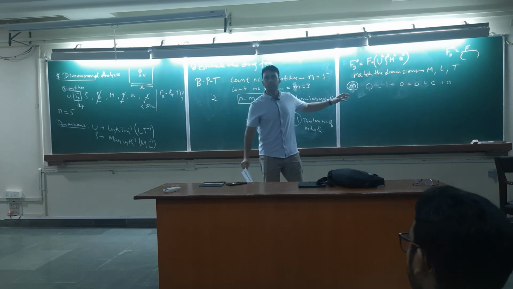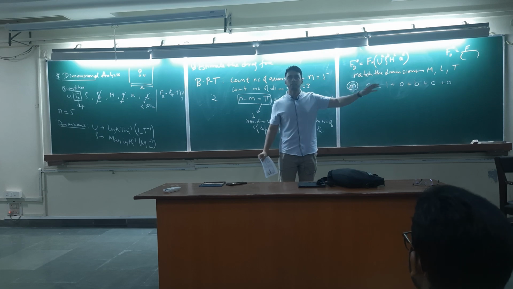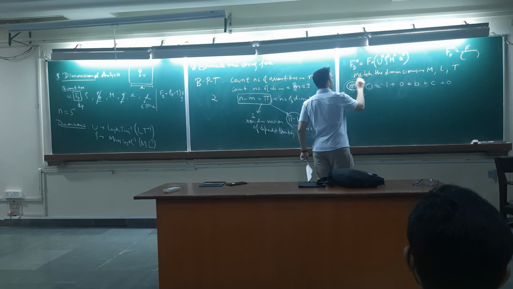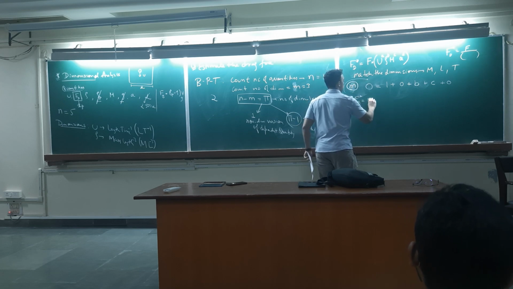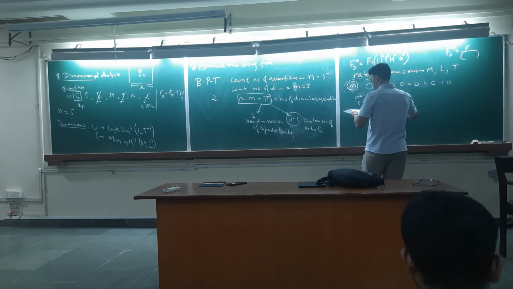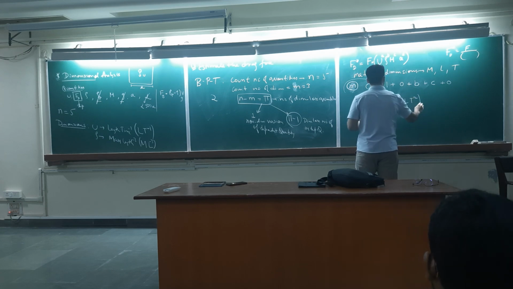Should I repeat this? Should I tell exactly how I got it? Please ask, this is the first class. So what I did, the preceding step, I'm telling you now. FD star is M0 L0 T0, which equals force, which is M L T to the minus 2.